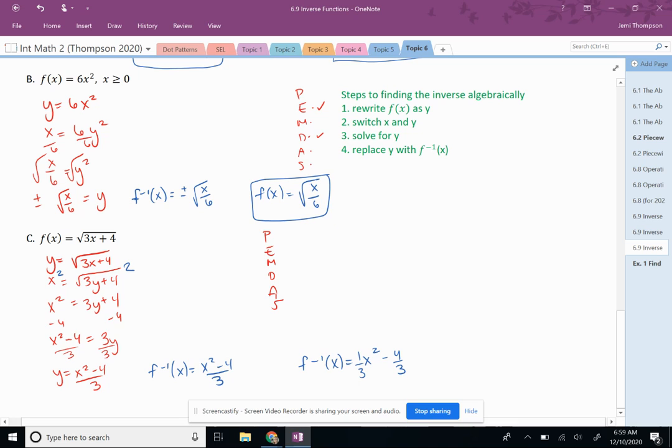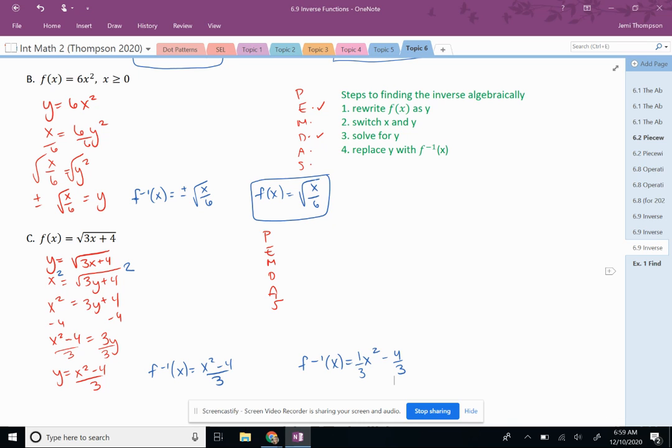Both of those are correct. The one on the right is in slope-intercept form, so that is probably more common to see, but they're both correct. Now with that, though, I have to restrict my domain.